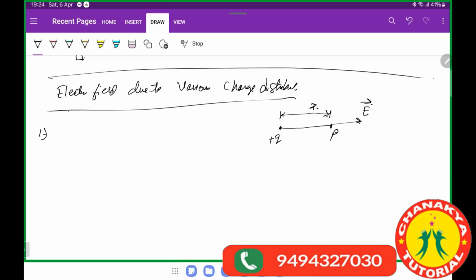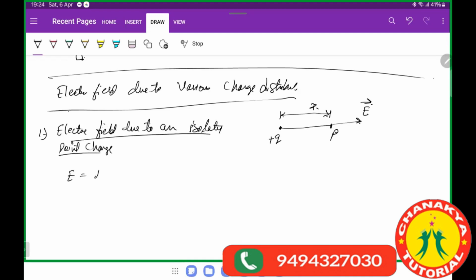So the electric field due to an isolated point charge will be E equals KQ by x square, because our formula is KQ by R square, and instead of R we write x.